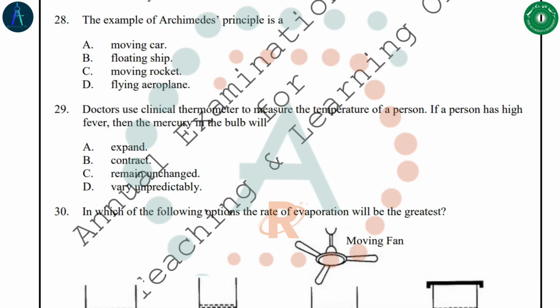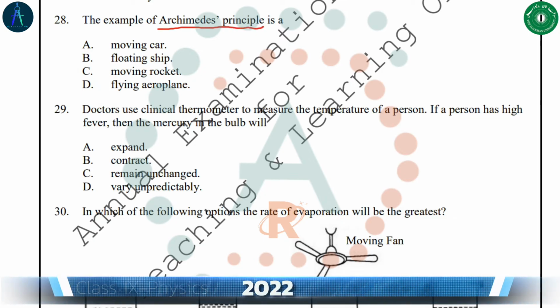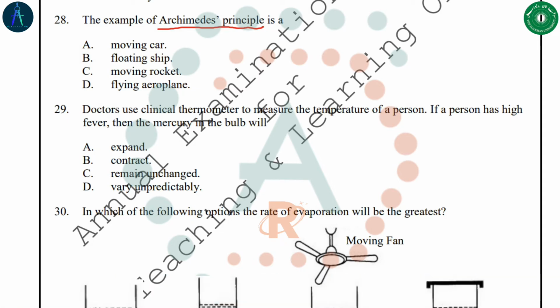Then we have question number 28. The example of Archimedes' principle is... So, what is Archimedes' principle? Archimedes' principle states that whenever an object is placed inside the water completely or partially, it displaces some amount of water.